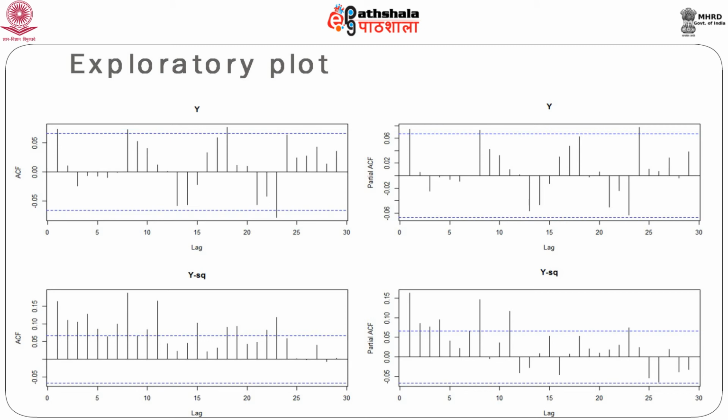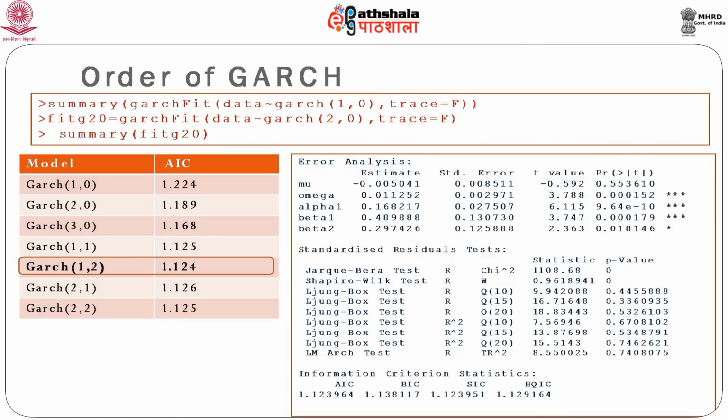It's giving some indication, but it is not clear what would be the appropriate order of the GARCH model. For that, we had better look at the AIC for the different choices of the model. For the GARCH fit, you can just get the summary of the GARCH fit.